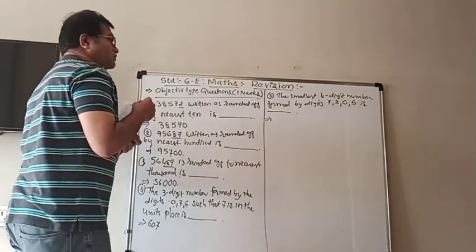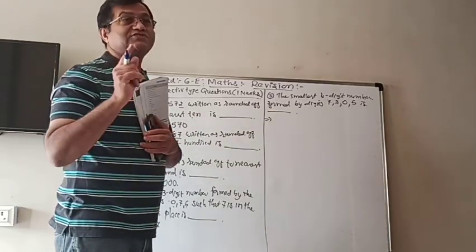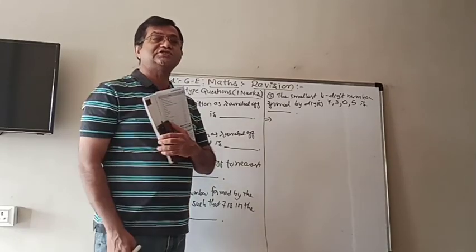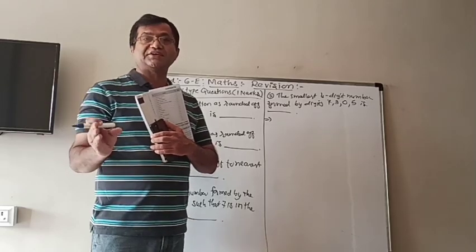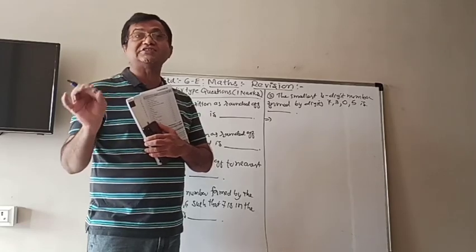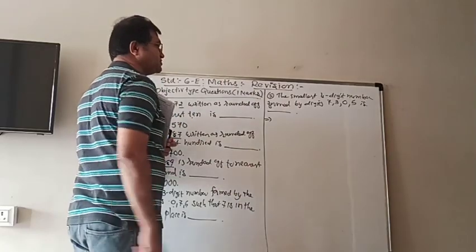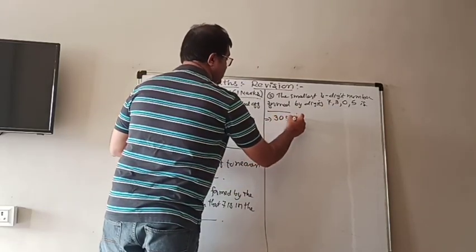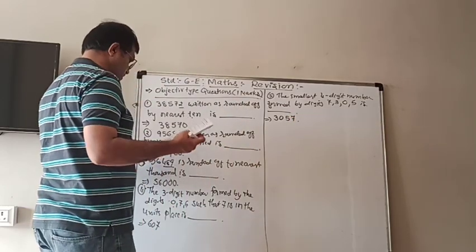Now when you use the 4 digits given and you have to make the smallest number, then generally we take the smallest digit first, then the greater one and the greatest one. But here the smallest digit is 0. If you start with 0, it will be only a 3-digit number. So 0 will be placed at the second place. So first we have to write down 3, then 0, and then the other numbers, means 3057, and like that.